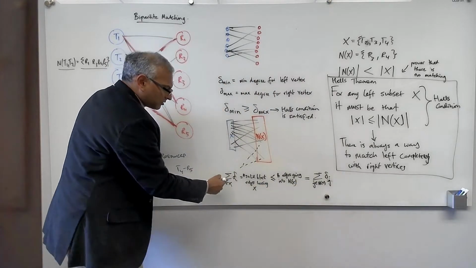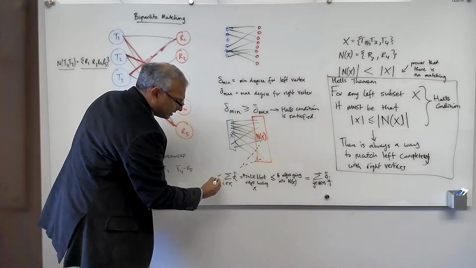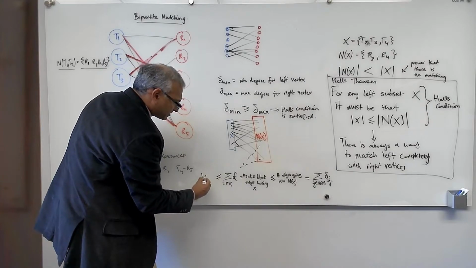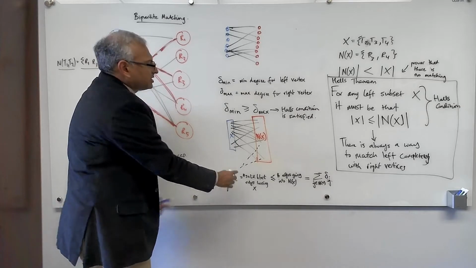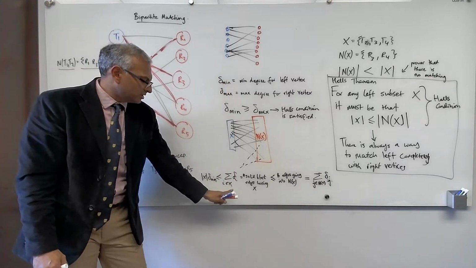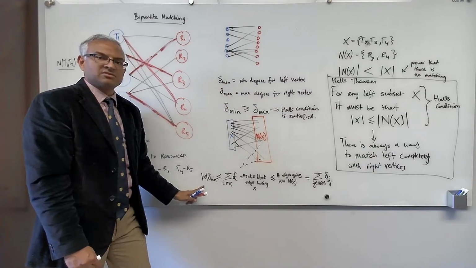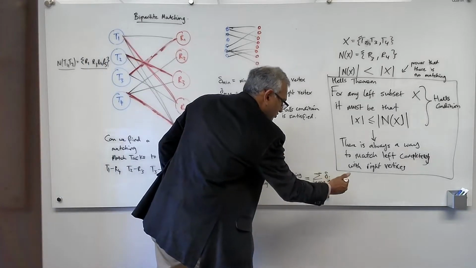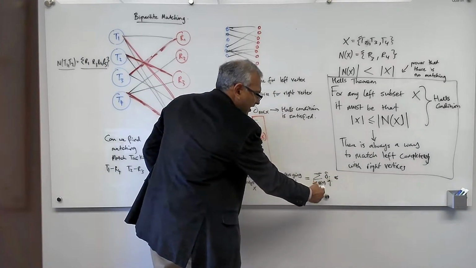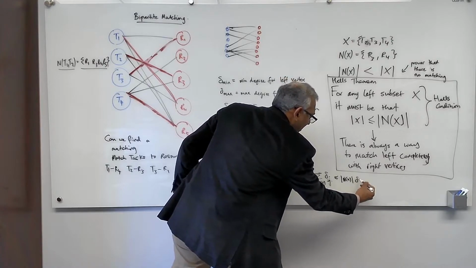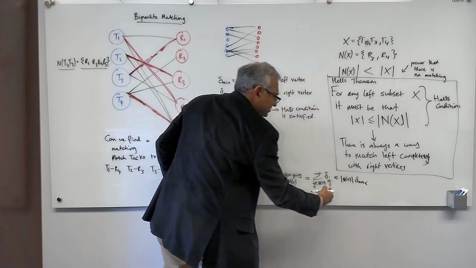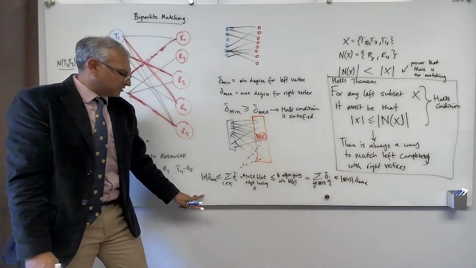But now this is at least the size of X times delta min, because each degree is at least delta min, so the sum of the degrees is at least delta min times the size of X. And this is at most the size of N of X times delta max, because delta max is the maximum possible value for that degree.